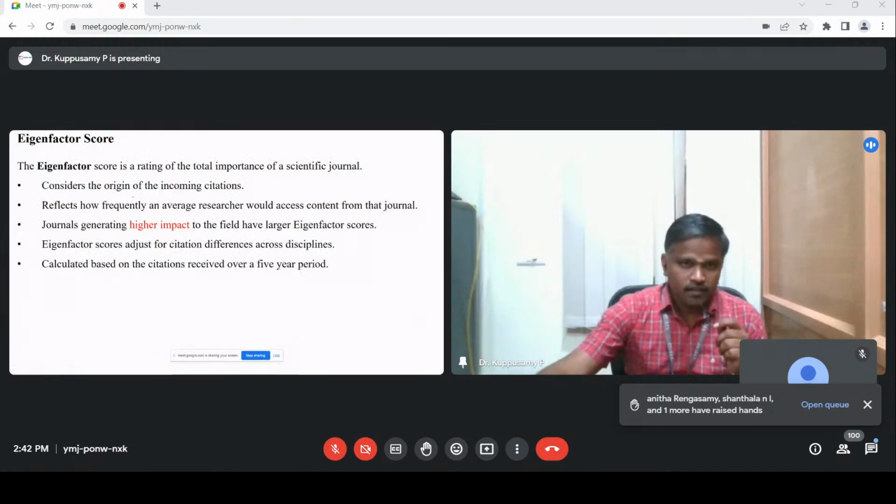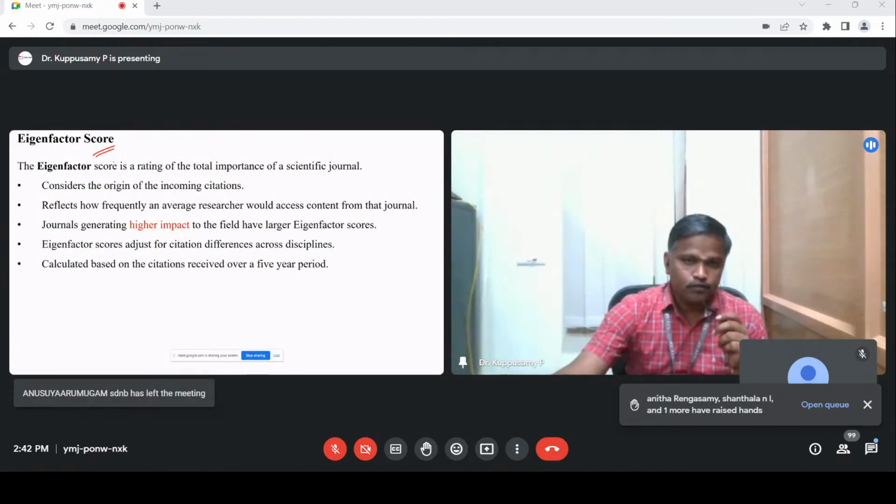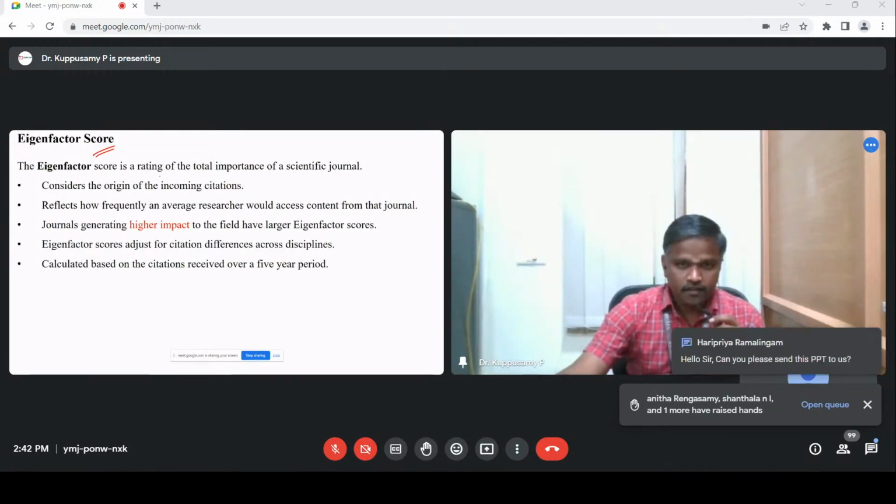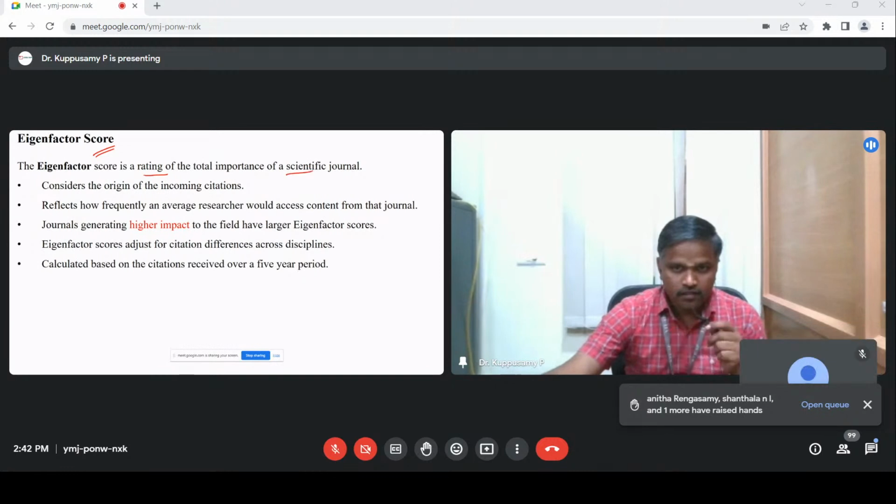And one more thing is the eigenfactor score. Mostly we won't use this eigenfactor score. It is a rating to represent the importance of particular journals. Journals generating a higher impact factor tend to have larger eigenfactor scores.